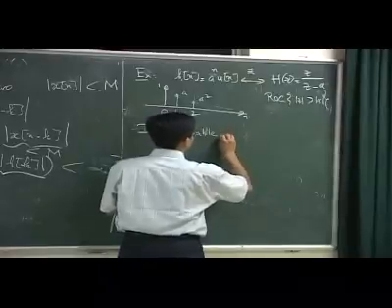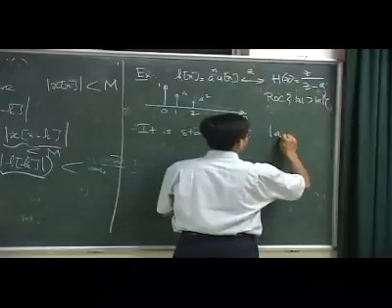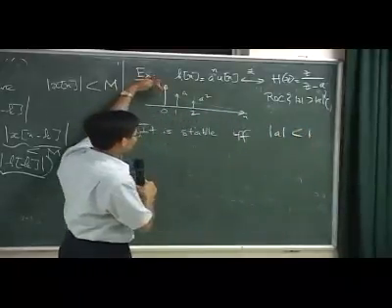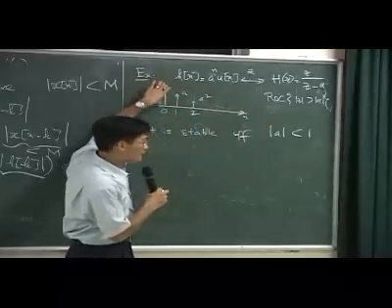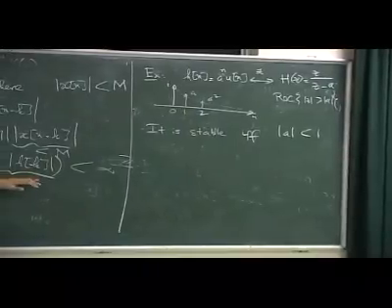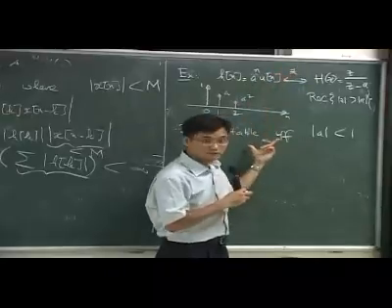It is stable if and only if the absolute value of a is less than 1, right? Because if the absolute value of a is less than 1, this is going to be a decreasing sequence. You can sum them up and see the sum is going to be finite. If not, they blow up easily, and then this sum is not finite.